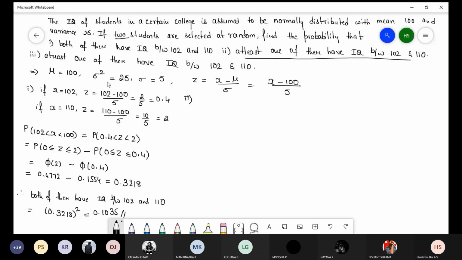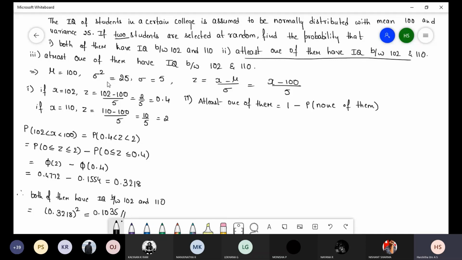Next, second one, at least one of them has IQ between 102 and 110. For this we can write at least one of them is equal to 1 minus P of none of them. This is the general formula.